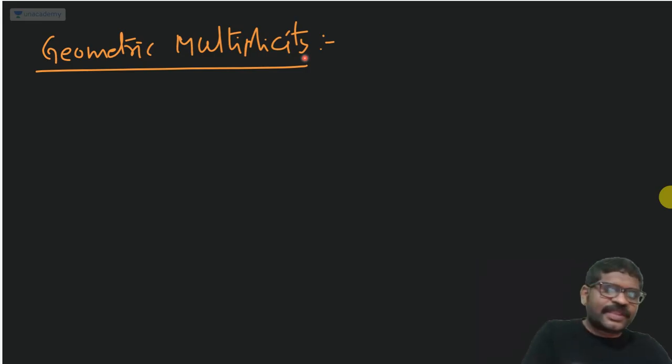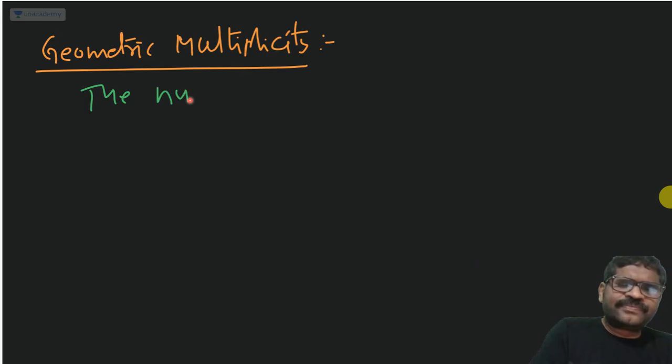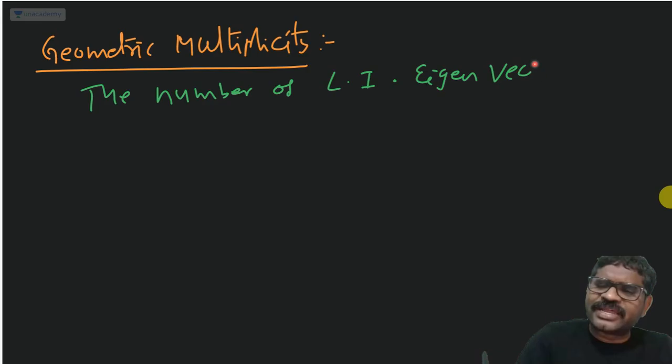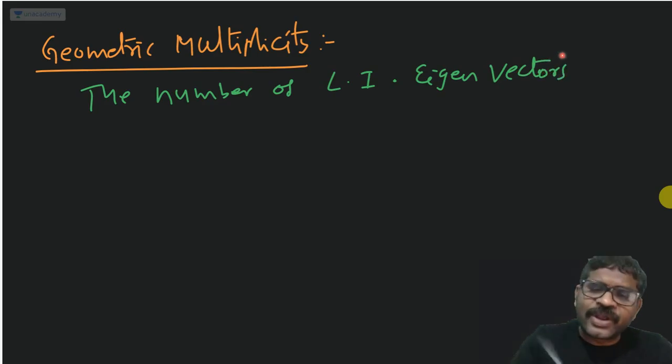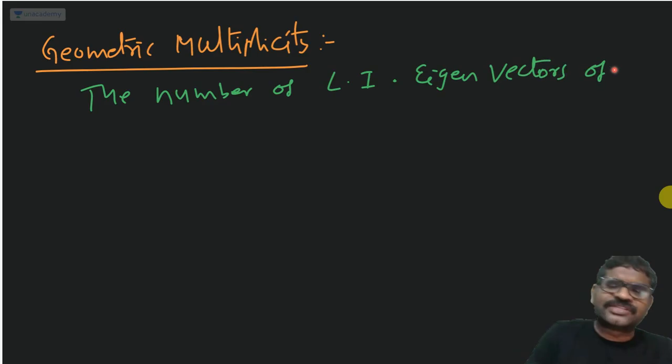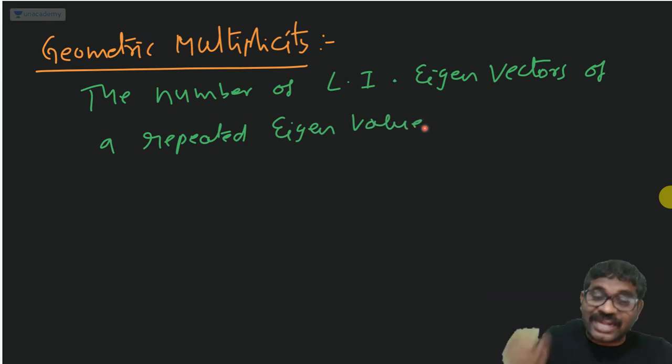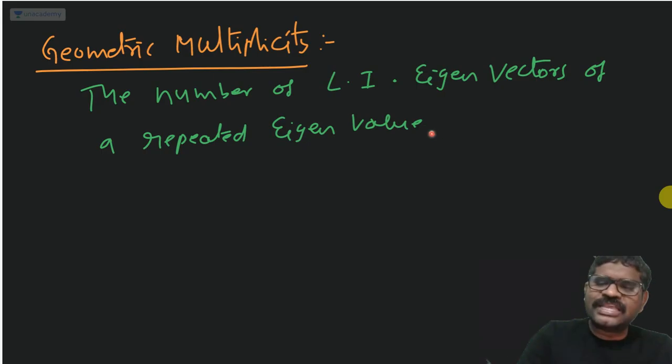Geometric multiplicity is the number of linearly independent eigenvectors of a repeated eigenvalue.